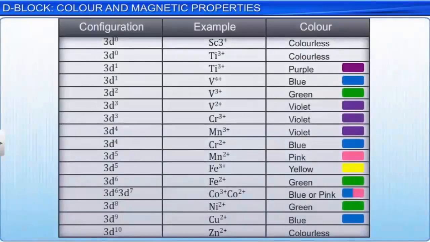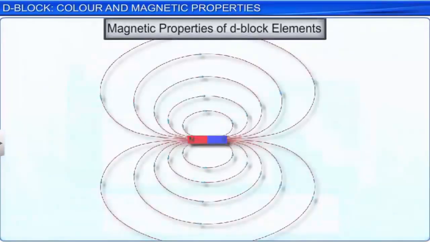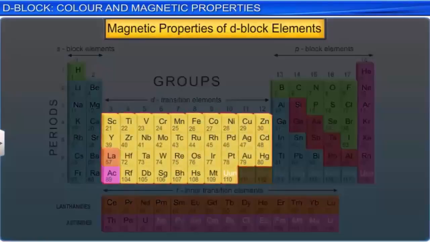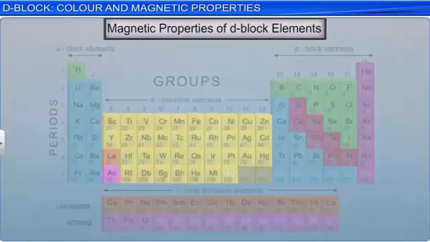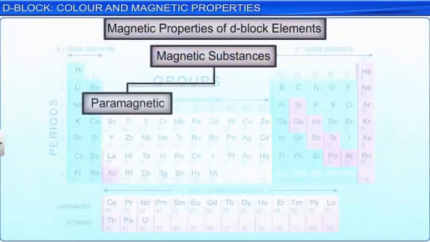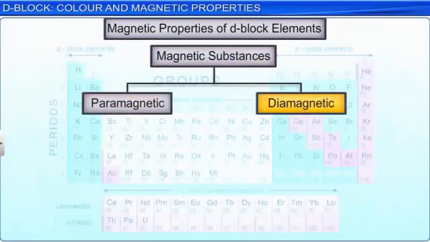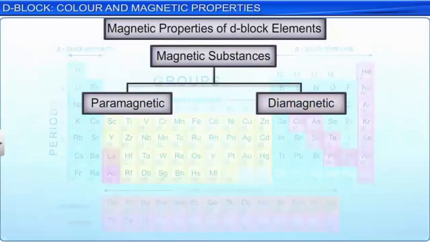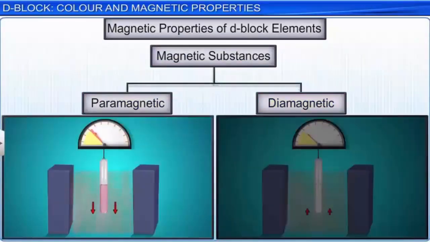Now, let us look at the magnetic properties of d-block. Substances, depending on their behavior in an external magnetic field, are classified into paramagnetic and diamagnetic. Substances that are weakly attracted to a magnetic field are called paramagnetic substances, while substances that are repelled are called diamagnetic.